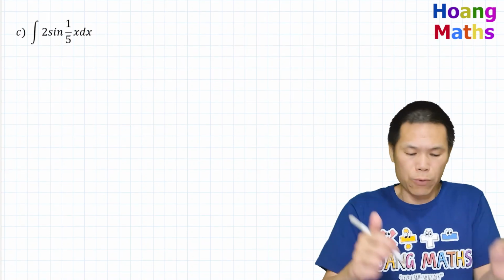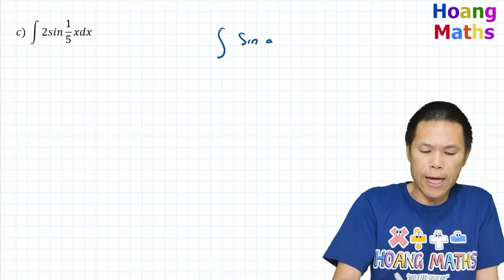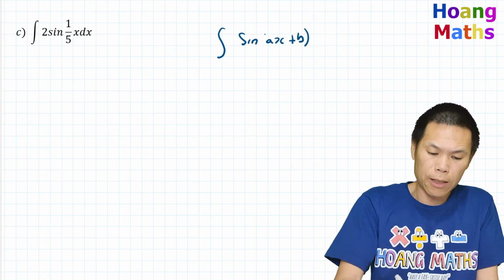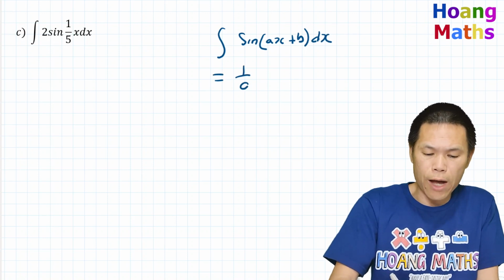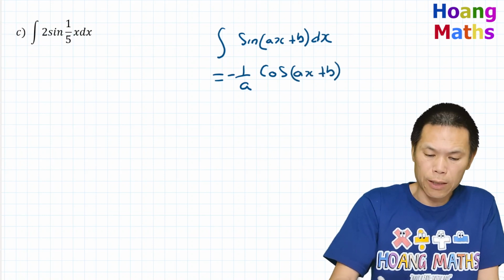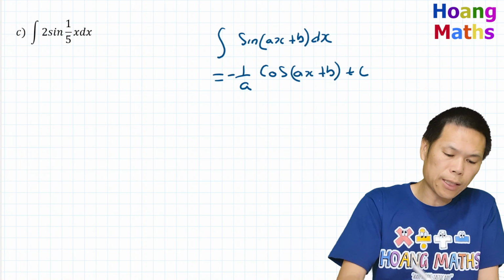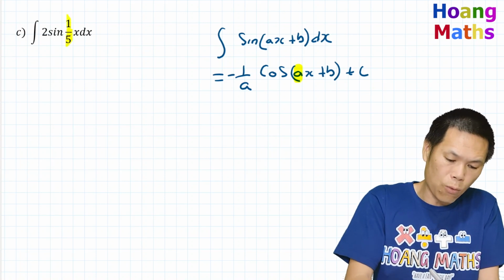So again, we know that integrate of sine of ax plus b dx is equal to 1 over a cos, but of course it's negative, ax plus b plus a constant. So in this case here, a is 1/5.